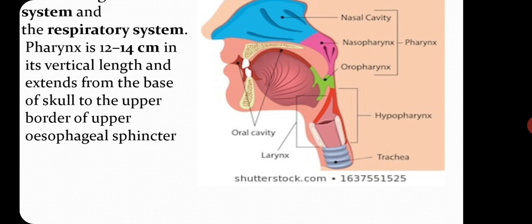The nasal pharynx connects to the second region, the oropharynx, the oral part of the mouth, which is in connection with the pharynx by means of a passage called isthmus.